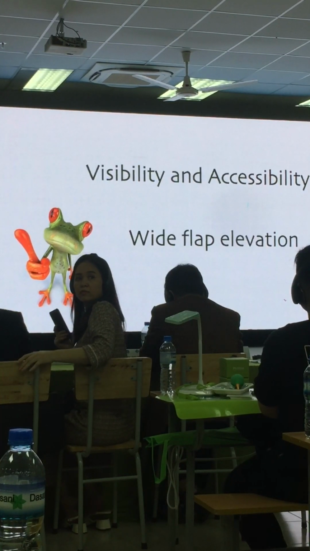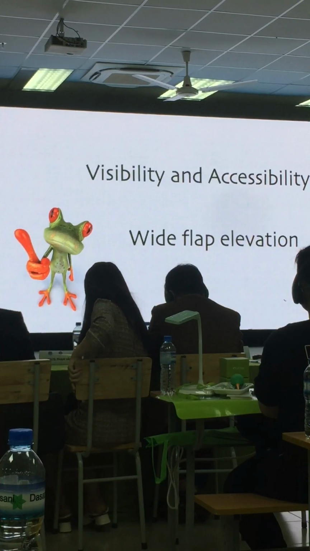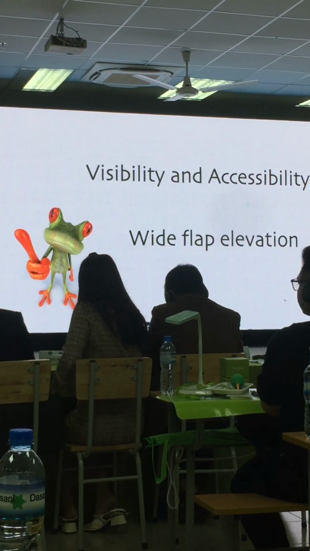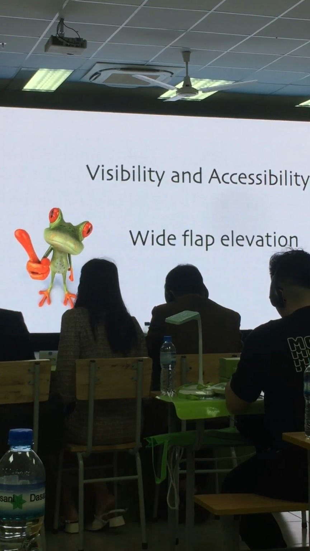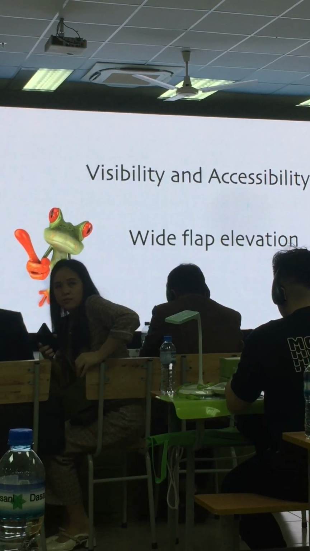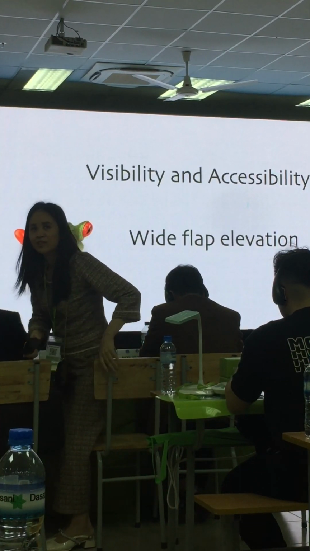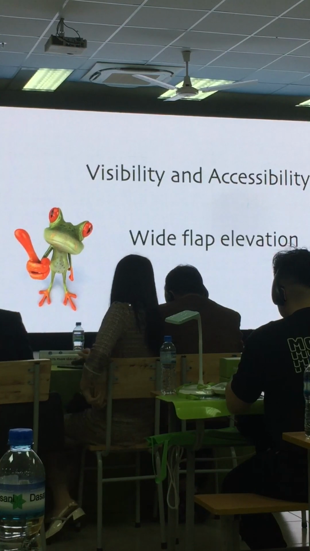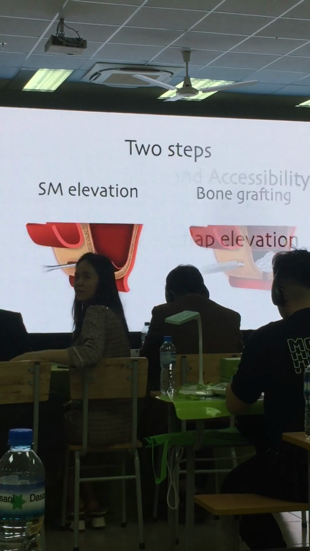Second, the phobia is associated with limited visibility and accessibility in the sinus augmentation procedure. So, wider flap elevation and larger exposure of the bone surface are needed, which sometimes lead to severe postoperative swelling and extensive bleeding.